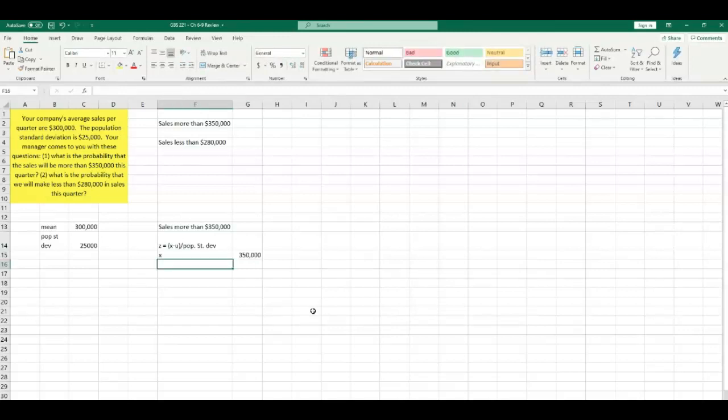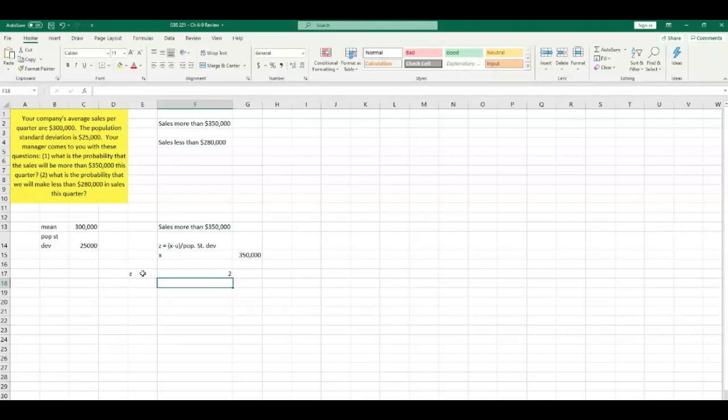We want to know where that's going to fall on our bell curve. So in order to find our z-score, we'll use that formula. We'll take our x of 350, subtract out our mean of 300,000, and then divide that by our population standard deviation. And we see that our z-score is 2.